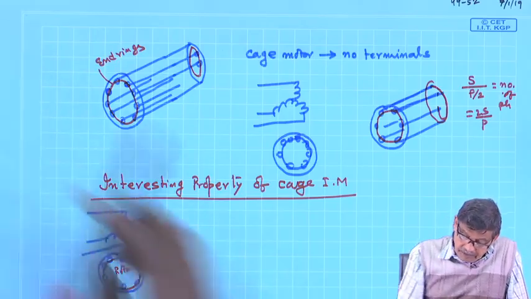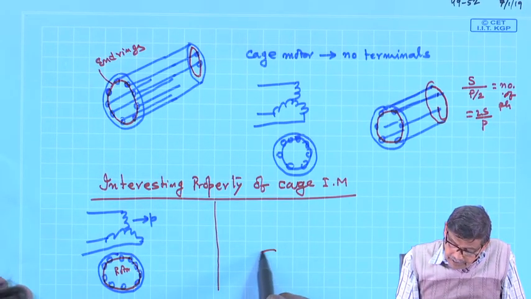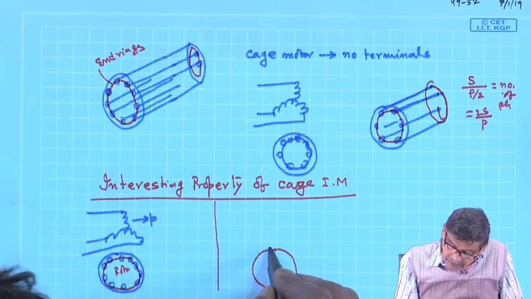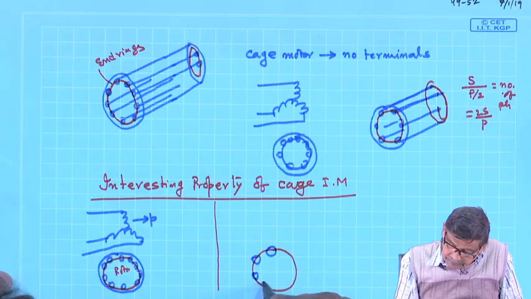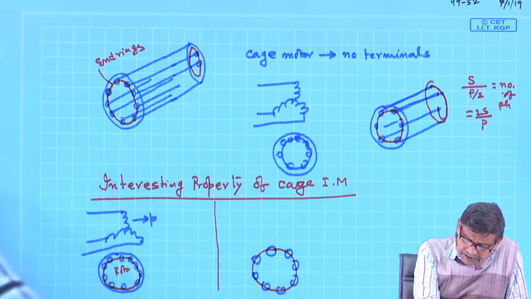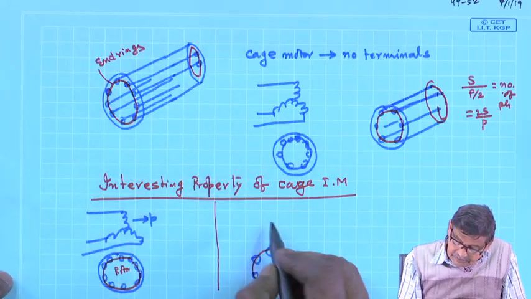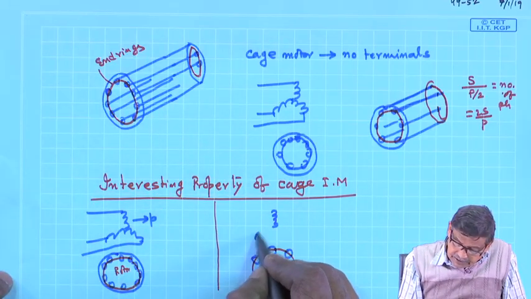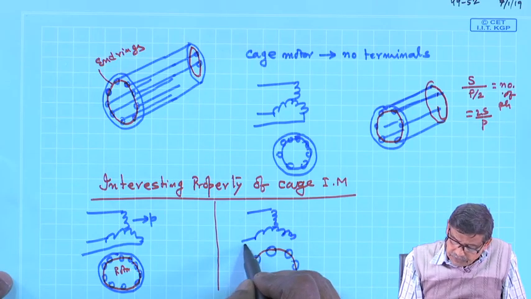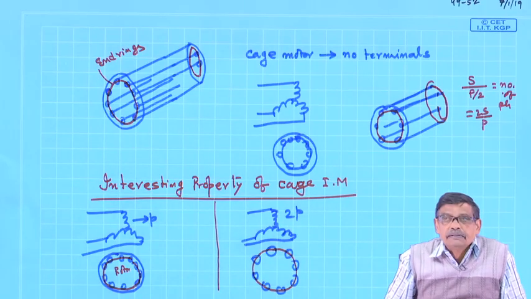Now, what I will do is this: I will have the same rotor, but suppose the stator winding I change, balanced 3-phase winding nonetheless, and suppose the number of poles is 2p.